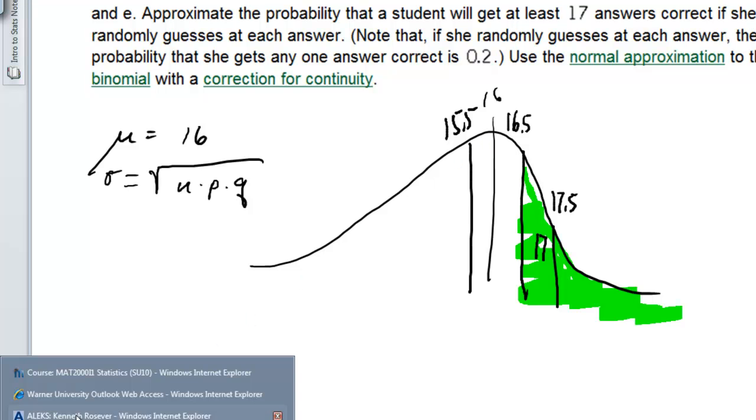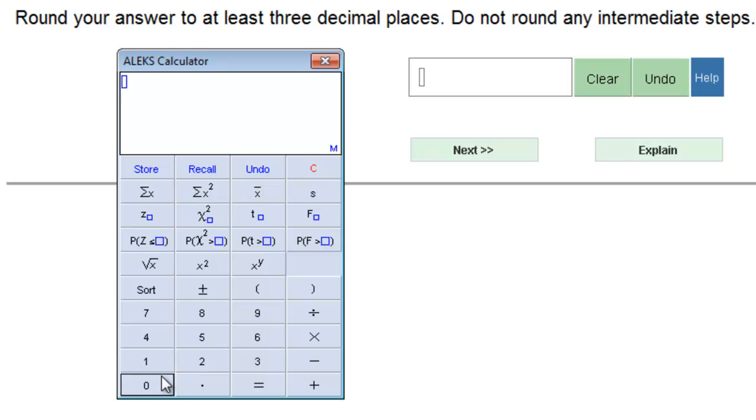I'm going to do this all in one big ugly step. Because it's a right-hand distribution, I'm going to go 1 minus the p of z, and since that's finding me the area to the left and I want the right, that's why I did the 1 minus, and then I need the z-score of 16.5.